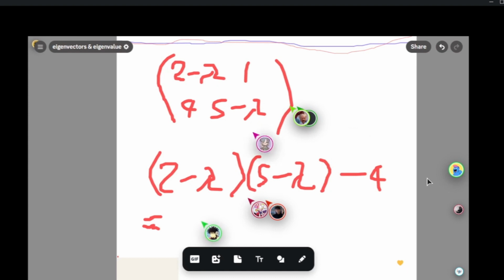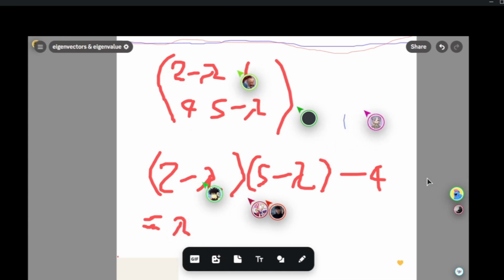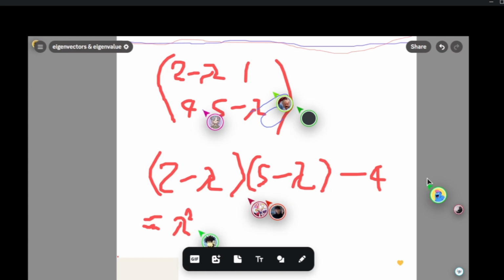Nice, nice. Alright, so all we have to do is make this into a pure quadratic of lambda. So we'll expand the brackets and integrate the minus 4 into the quadratic. So, negative lambda squared, it's normal lambda squared, just cross multiply basically.